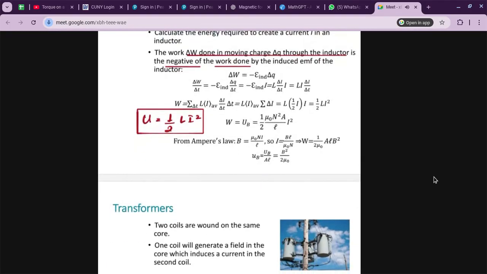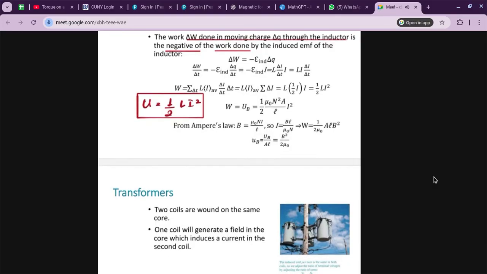L is inductance, or self-inductance, or you can just call it inductance. And I is current.